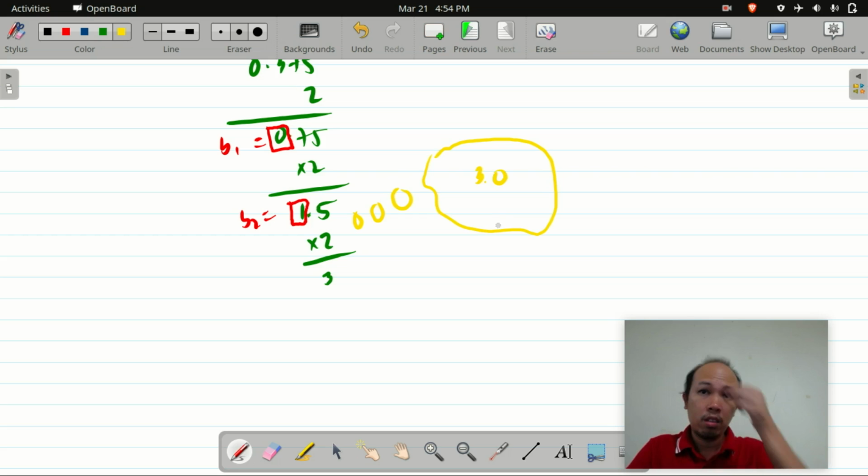We know that to represent 3 in a computer, the answer is 1.0.